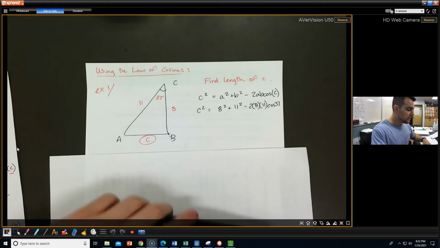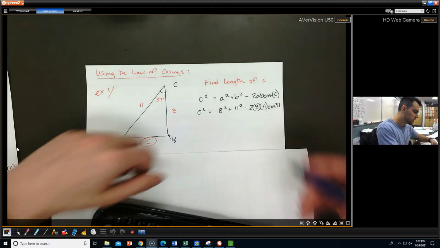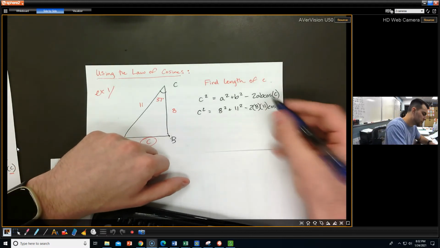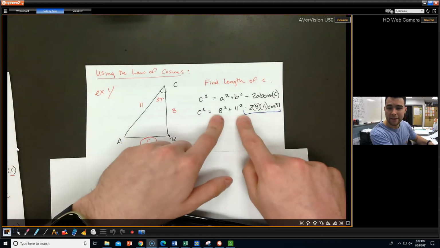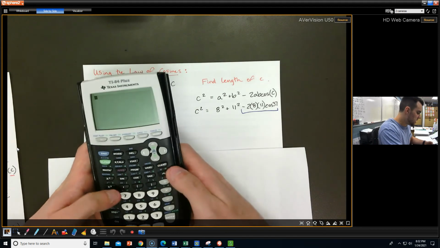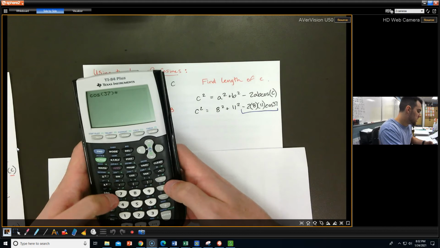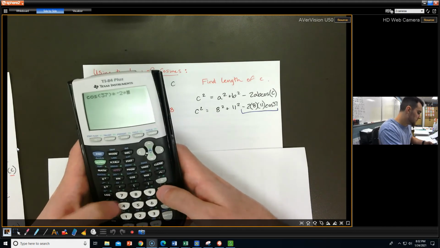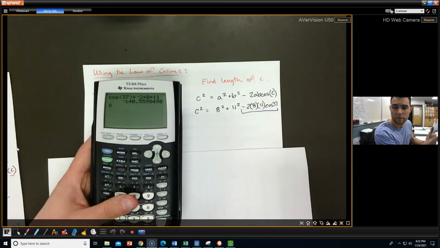Now, when I do this, I don't try to throw it in all at once. You can, and you'll be fine if you're comfortable with it. But I would focus on this part first, and then add the rest after. So let's see what that looks like. I'm going to do cosine of 37 times negative 2 times 8 times 11, and I get this entire thing right off the bat.